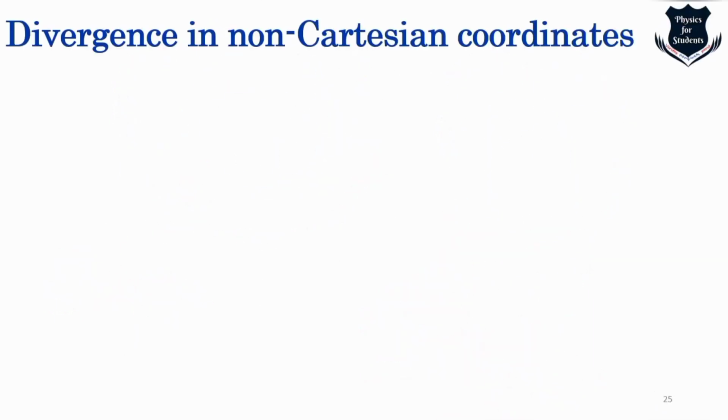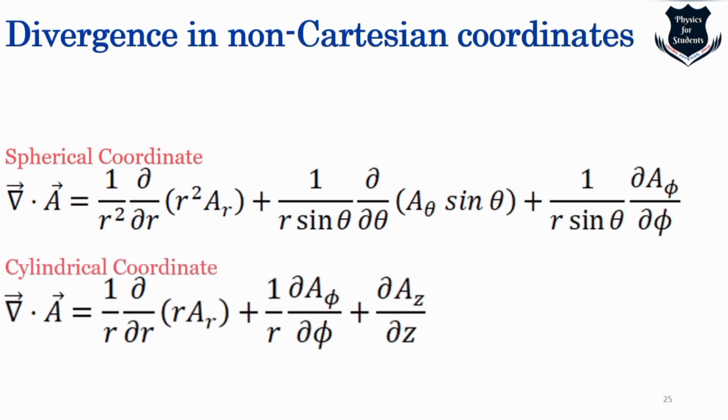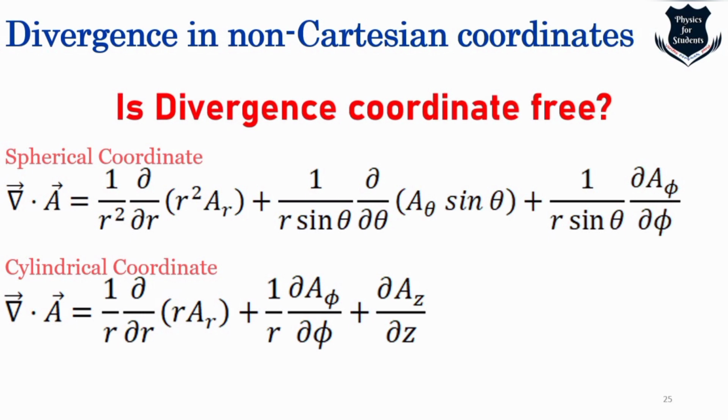Now, we also have divergence in non-Cartesian coordinates, such as spherical coordinates. We can also get cylindrical coordinates, and what we are talking about, the quiz part, is this. I have been going through many research papers and I myself tried to deduce, but there is still a question I would like to ask the viewers: is divergence coordinate free?